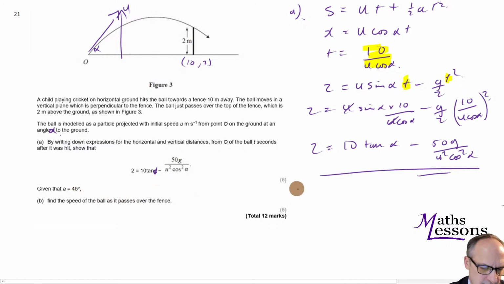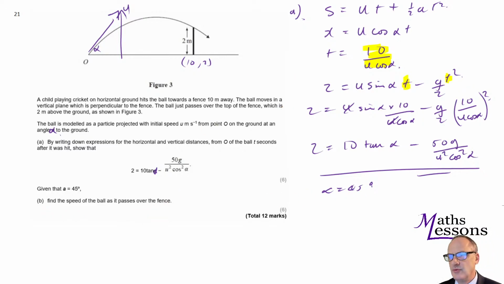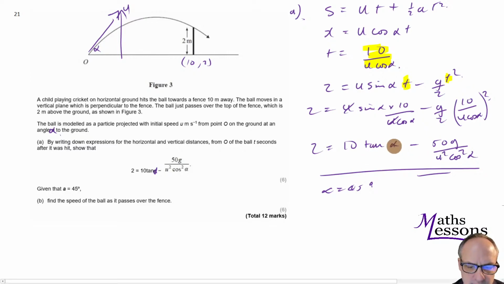Now we're told that alpha equals 45 degrees. Find the speed at which the ball passes over the fence. And this actually comes out to be a bit longer. The only nasty bit about this is that the numbers aren't very nice. So if we've got alpha equal to 45, then tan alpha is equal to 1.